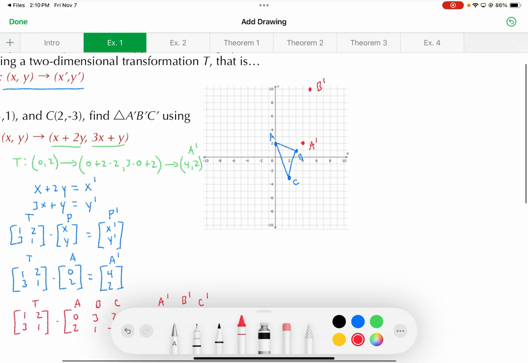Looked at that backwards. Okay, and stressing vocabulary here. So the original triangle, ABC, we'll call that our pre-image before the transformation took place, and then the new triangle is known as the image.